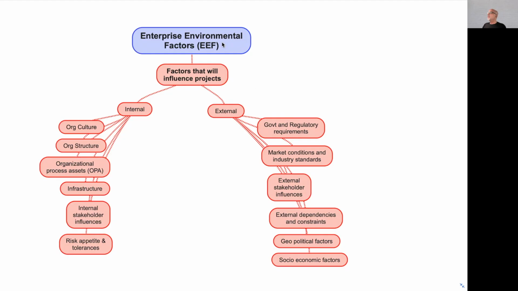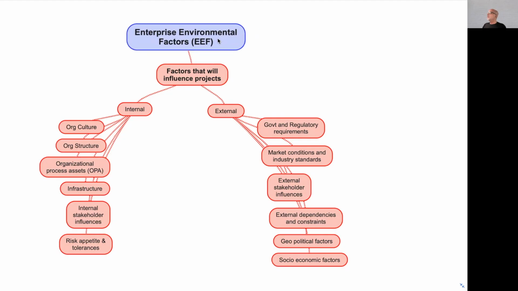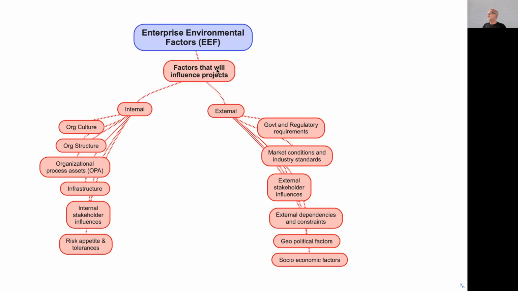What is an enterprise environmental factor? These are the factors that will influence the projects. The influence can be positive or negative. For example, suddenly a new technology comes in and makes the cost of production lower, then it is a positive thing.